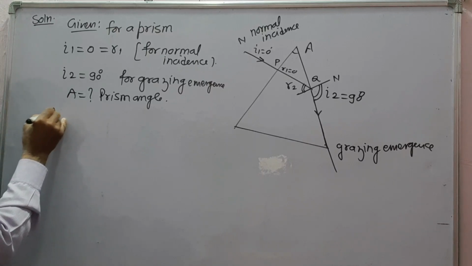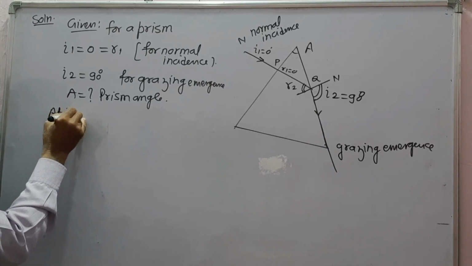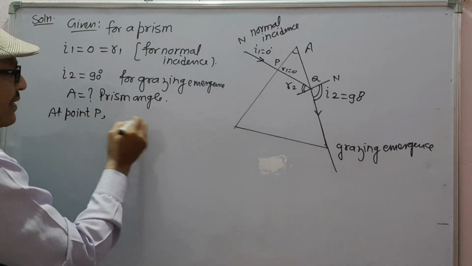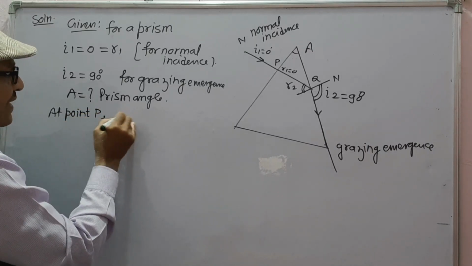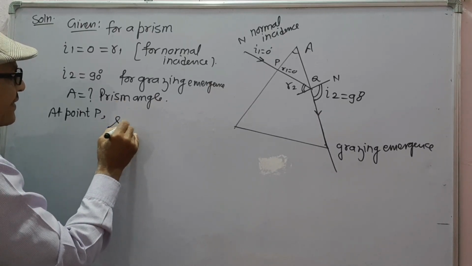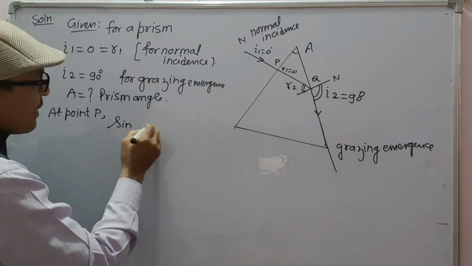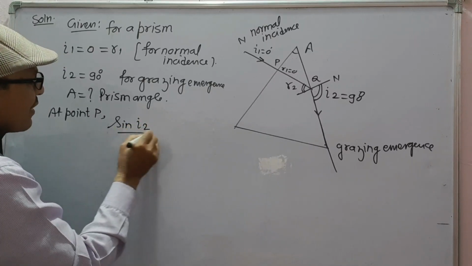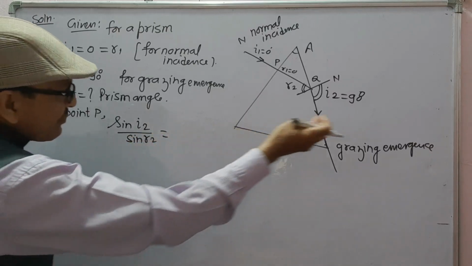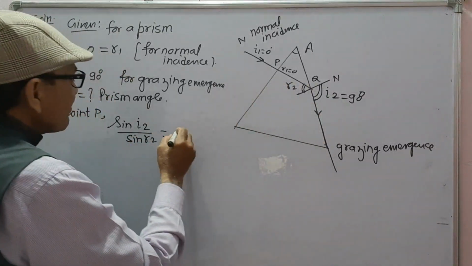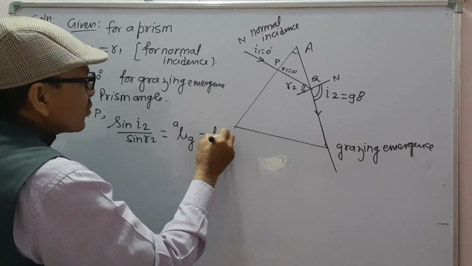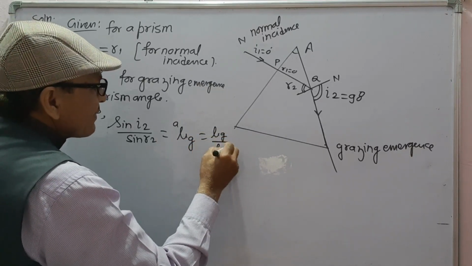So at point P, Snell's law gives sin I2 upon sin R2 as mu air upon mu g, which is mu g upon mu air.